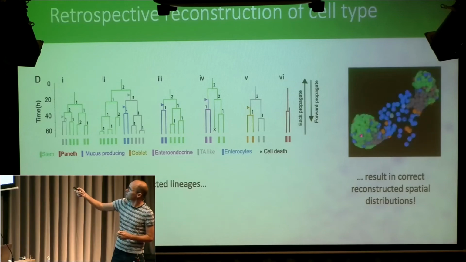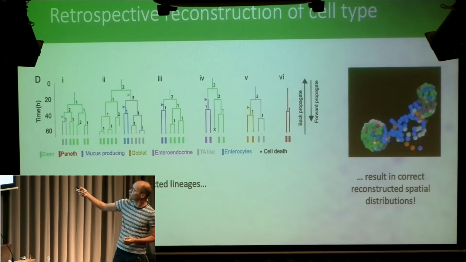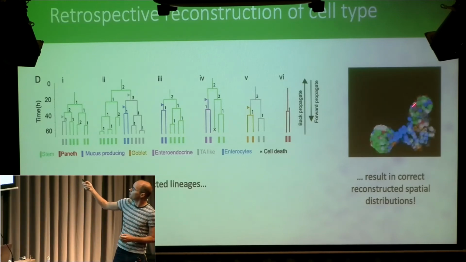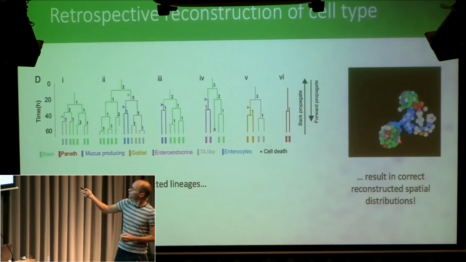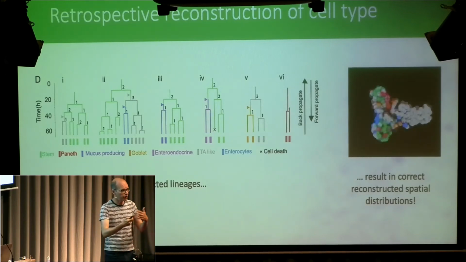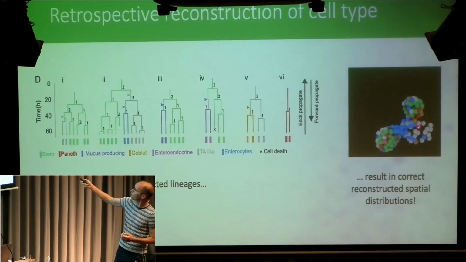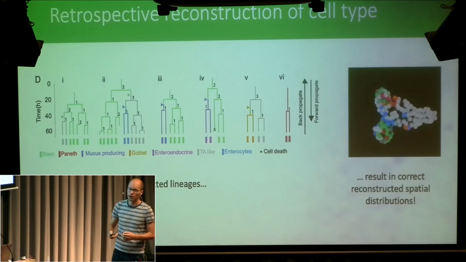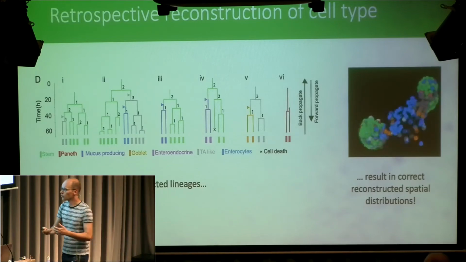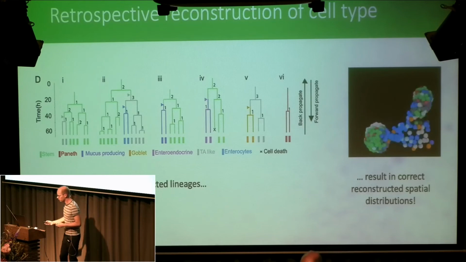So what we see is that inferred stem cells are always found at the tip of the crypts. The other differentiated cells that we see there are inferred secretory cells. We see that there's a regime of inferred transit amplifying cells that separates the stem cells from a regime of inferred absorptive cells. So at least in this way we can reconstruct the correct spatial patterns.